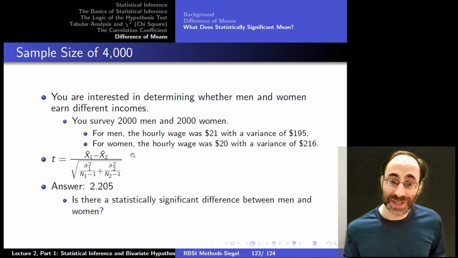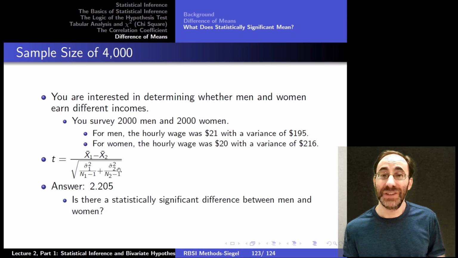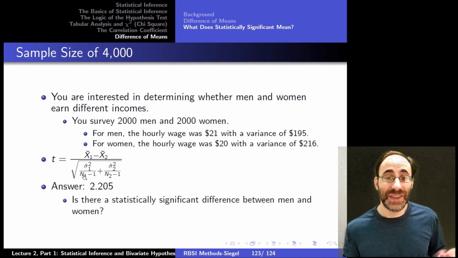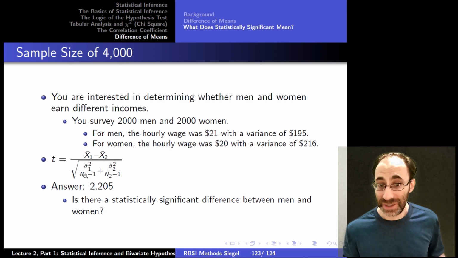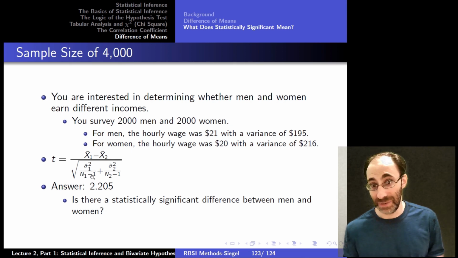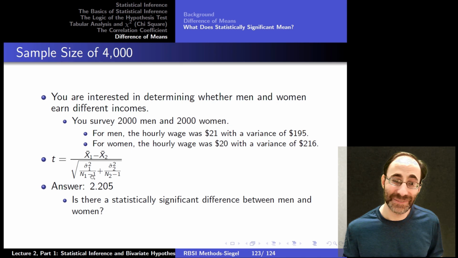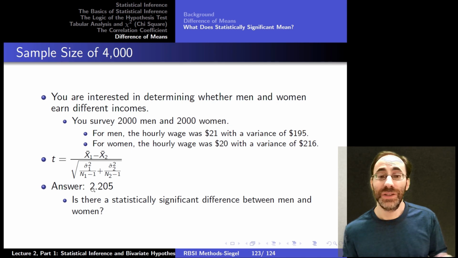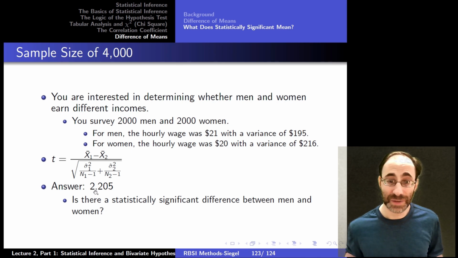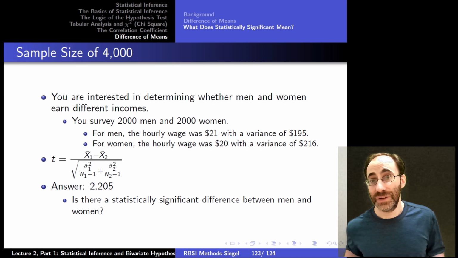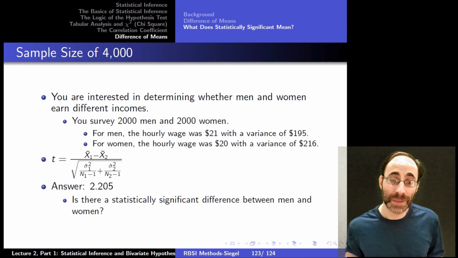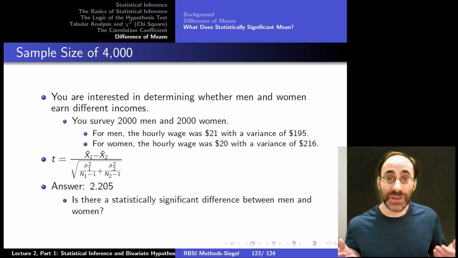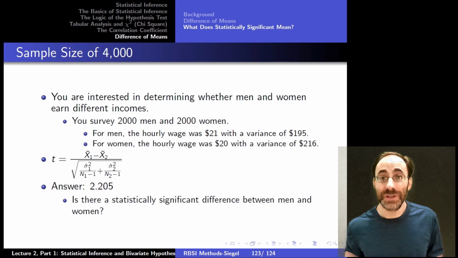The big difference here is that even though we plug in the exact same variances in the denominator, we now plug in, instead of 99, 1,999, which is obviously much, much bigger. When we do that, we get 2.25 for a t-statistic, which does exceed the critical value of 1.96. So we would say that the difference between men and women's incomes is statistically significantly different.